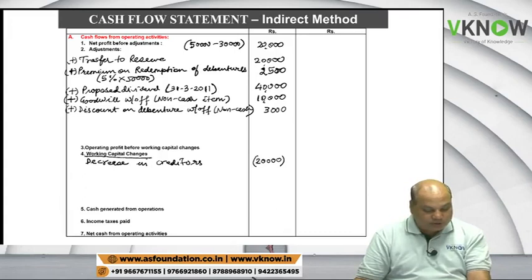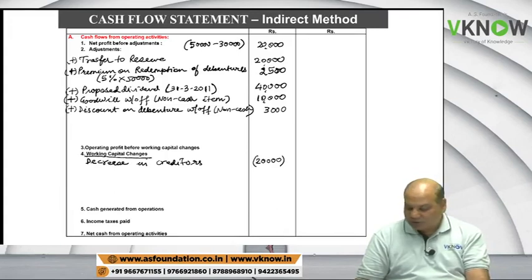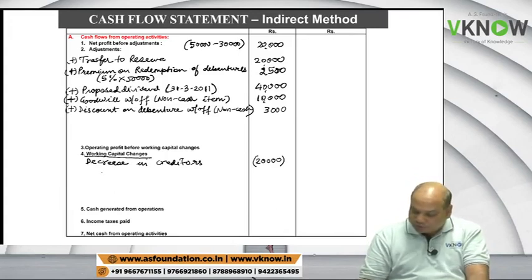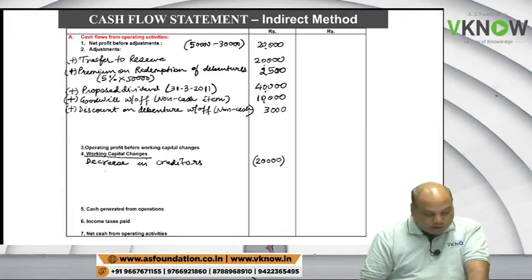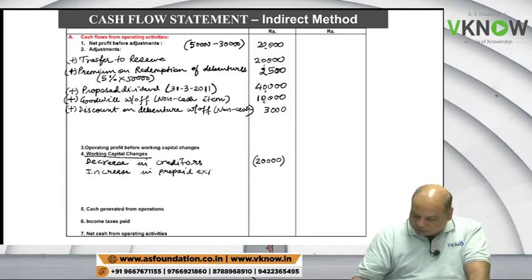Prepaid expense. Prepaid expense is a working capital, current asset item. So come to point number 4. Look at prepaid expense. It is increase in prepaid expense. The amount is 1750.